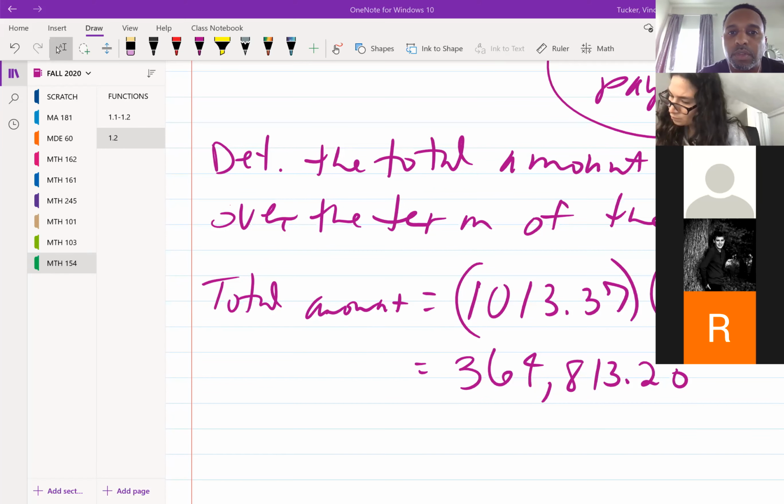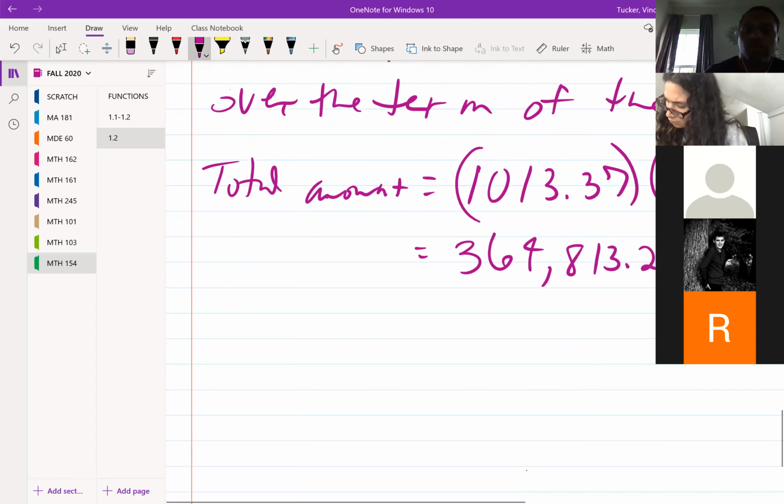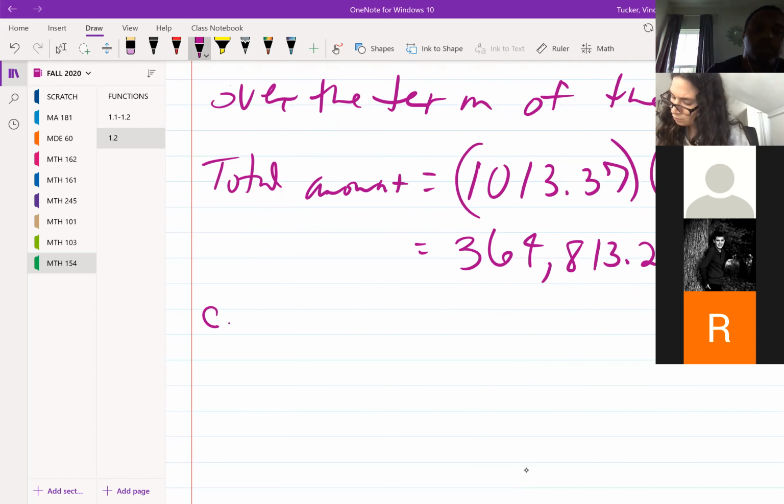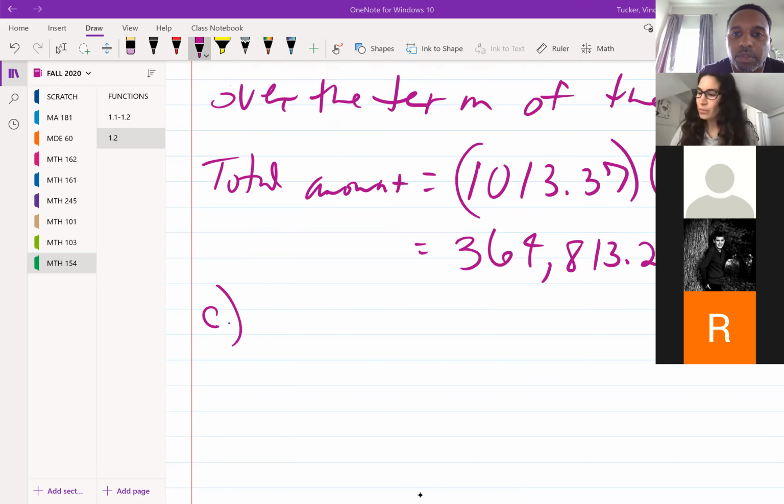What percentage is paid to us? All right. So C. The total amount paid, what percentage paid towards the principal, what percentage paid towards interest.